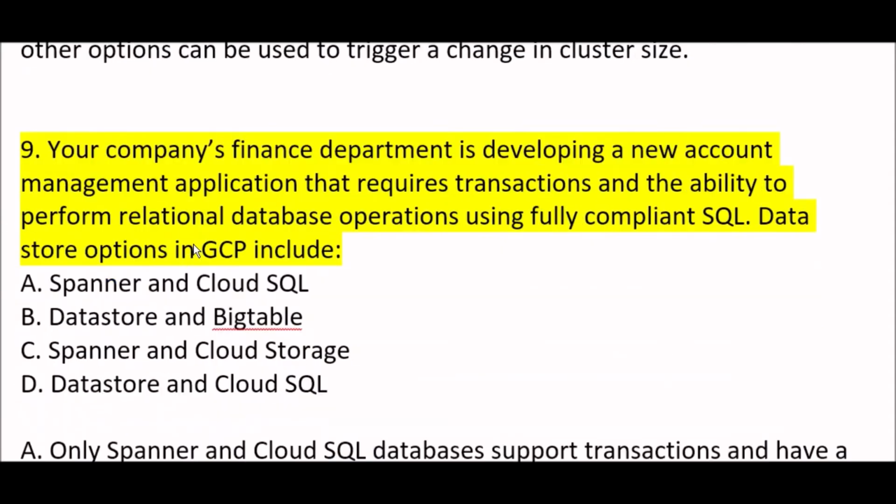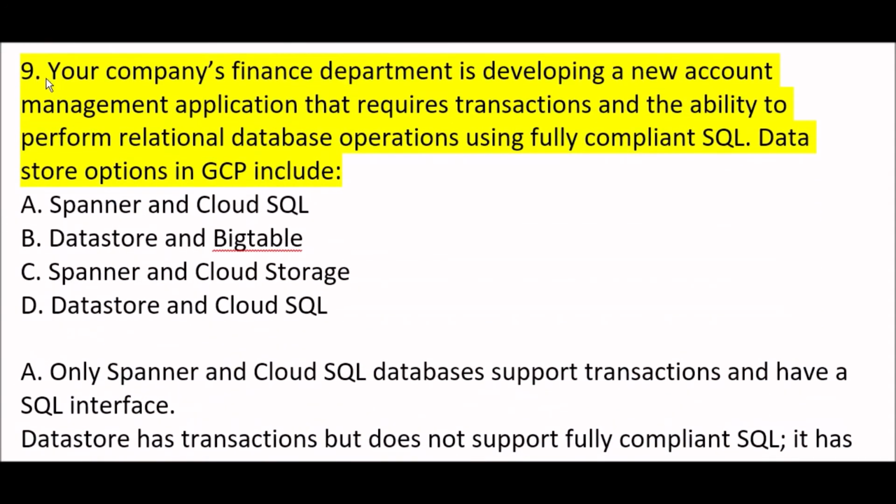Okay, next question. Your company's finance department is developing a new account management application that requires transactions and the ability to perform relational database operations using fully compliant SQL. Data store options in GCP include option A, Spanner and Cloud SQL, option B, Datastore and Bigtable, option C, Spanner and Cloud Storage, option D, Datastore and Cloud SQL.